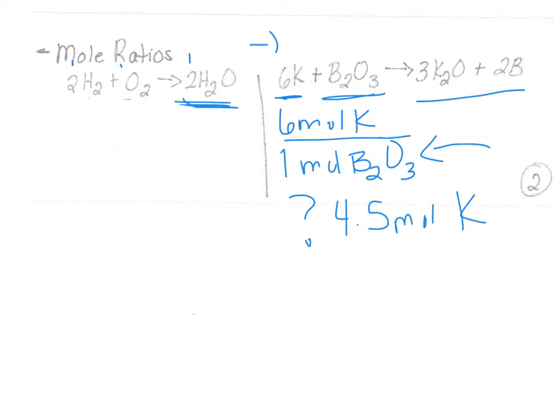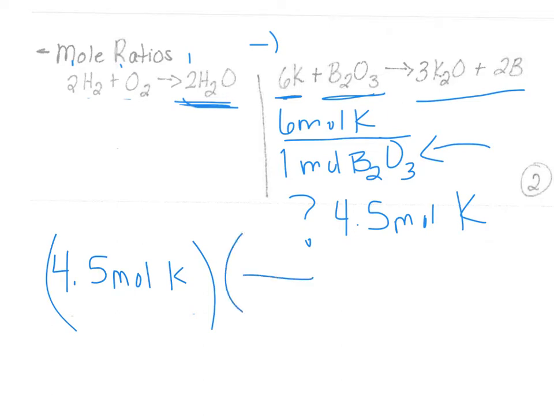So we would need to set that up. We would say I have 4.5, because your given always goes first, moles of potassium. How many moles of, we'll just say, diboron trioxide are we going to need? Well, for every 6 moles of potassium, there's 1 mole of B2O3.